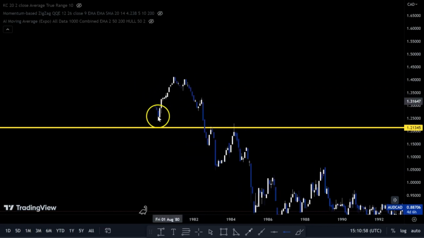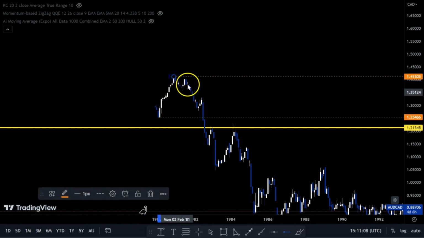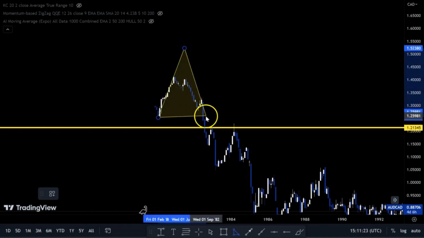So the peak here is, you know that you have a support here. I draw this support here so that you know where I'm starting from, and we have this high and this high, the two resistance, right? So I'll pick up my triangle, and then from here to above and back to the origin.